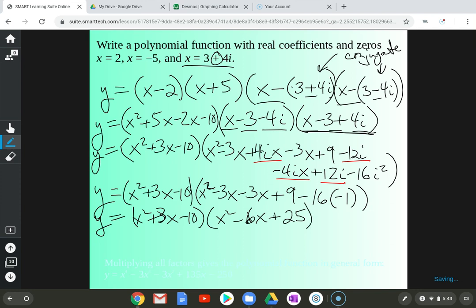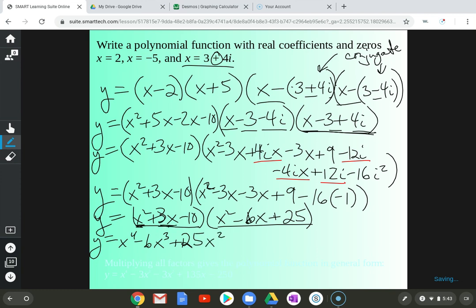All right, we are so close. Now we've got to distribute these three terms times these three terms. I'm going to start with the x squared. So I have x to the 4th minus 6x cubed plus 25x squared.